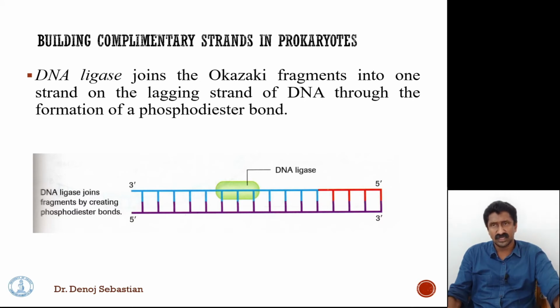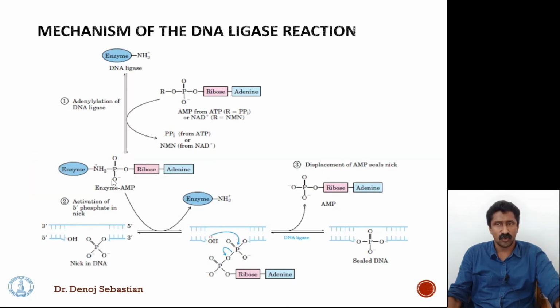Adenylation of the ligase is done by ATP, which is attached here by releasing PPi from ATP. The enzyme is attached to the adenine, so enzyme-AMP is formed. This enzyme-AMP is produced by releasing the PPi.